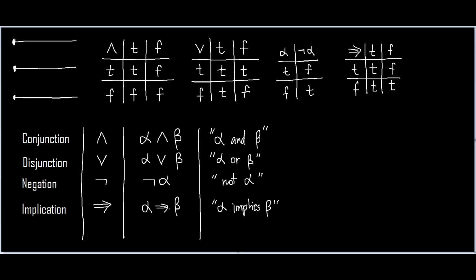So these are the logical symbols. There is also another one called equivalence, which also takes two inputs, and we say that alpha is equivalent to beta.